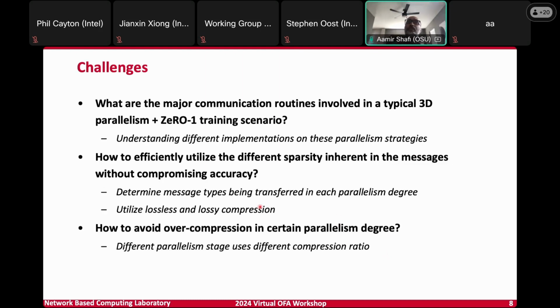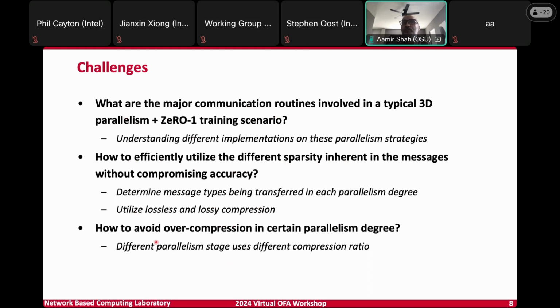Right. So some of the challenges that we encountered in this study: what are the major communication routines involved in typical 3D parallelism, which I've given an overview of, and how to efficiently utilize different sparsity inherent in the messages without compromising accuracy. I will be presenting some results giving you an overview of the impact of using lossless and lossy compression on this kind of workload.